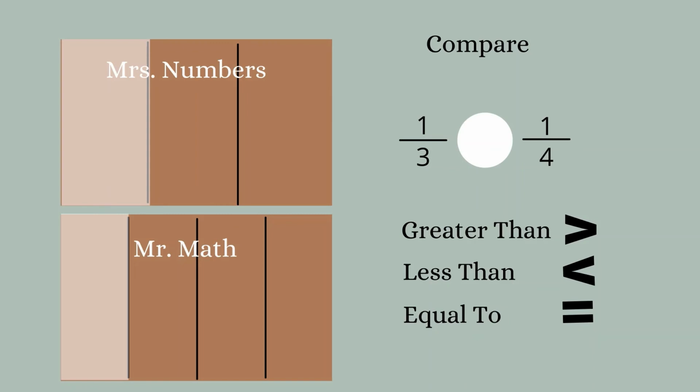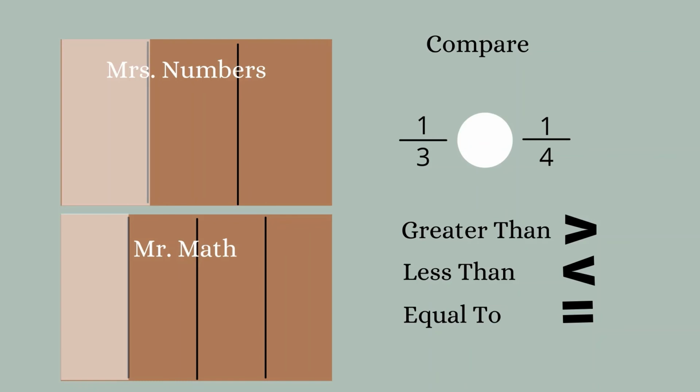When you were younger, you may have used fun things to remember this, like the alligator has his mouth open to the number that is more. But in 3rd grade, we just say greater than with the symbol open towards the first number, or less than with the symbol open towards the second number. Of course, equal to is the equal sign, which we use when they are the same.